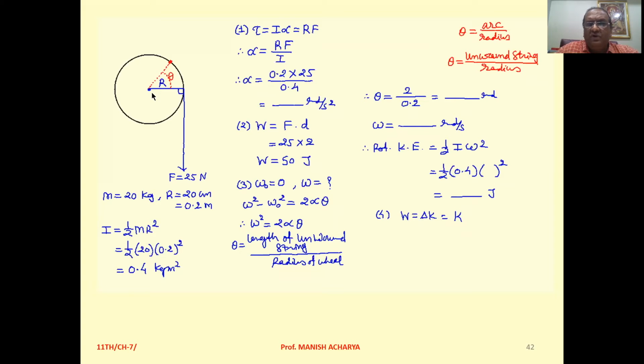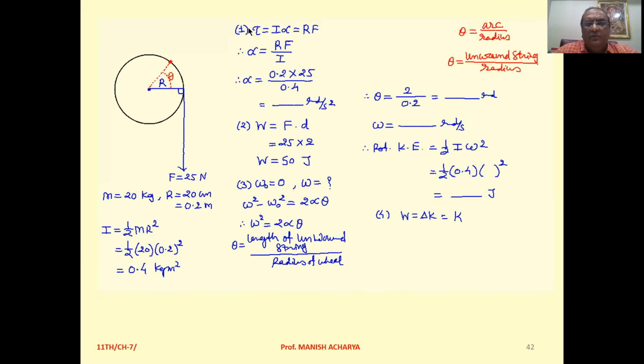So first of all, calculate the moment of inertia of this disc. We have the equation of moment of inertia of the disc, that is half mr square. So half into 20 into 0.2 square, we will get moment of inertia, that is 0.4 kilogram meter square.